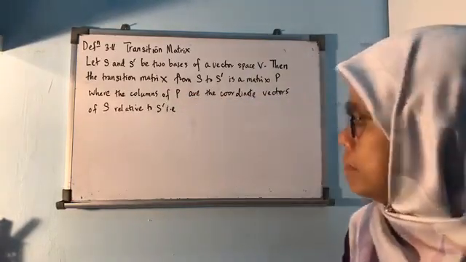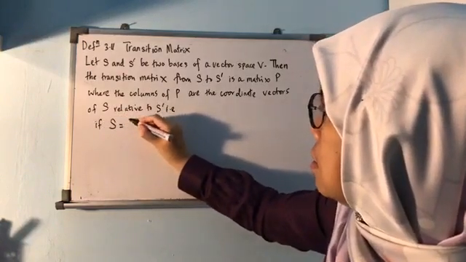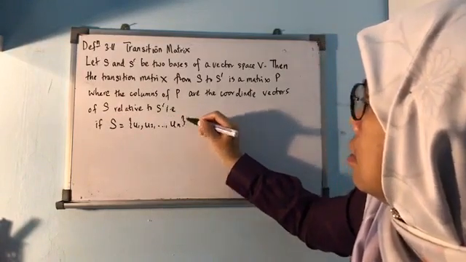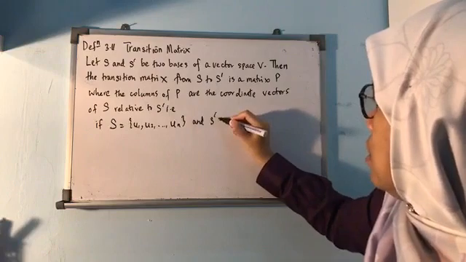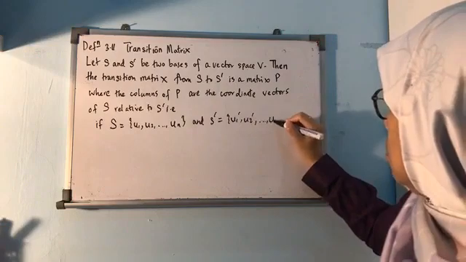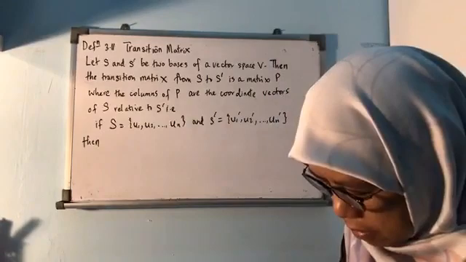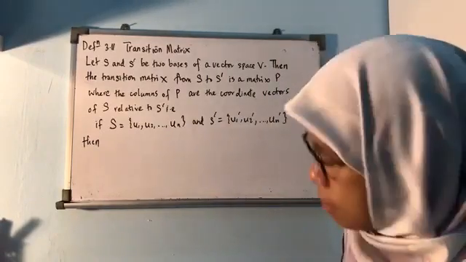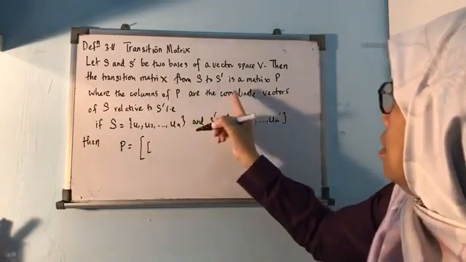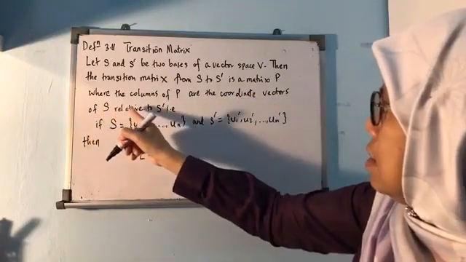That is, if S is U1, U2, UN, and S prime is U1 prime, U2 prime, UN prime, then P is, the columns of P are the coordinate vectors of S relative to S prime.